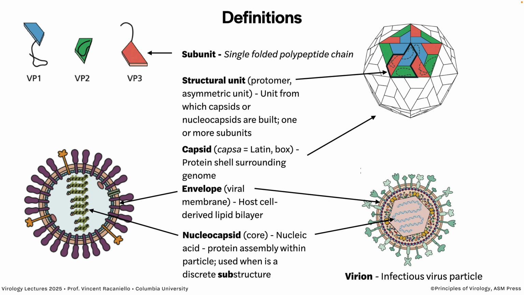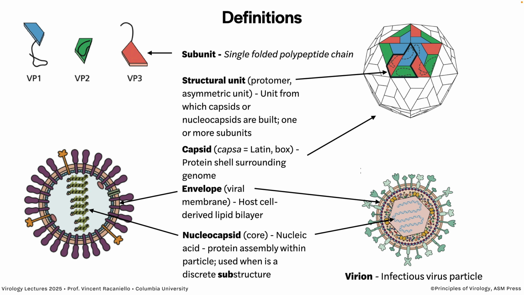The subunit is the single folded polypeptide chain, and the structural unit is the unit from which nucleocapsids or capsids are built. Sometimes it's one protein, sometimes it's multiple, and sometimes it's multiple different proteins. It can vary, and we'll see those variations today.